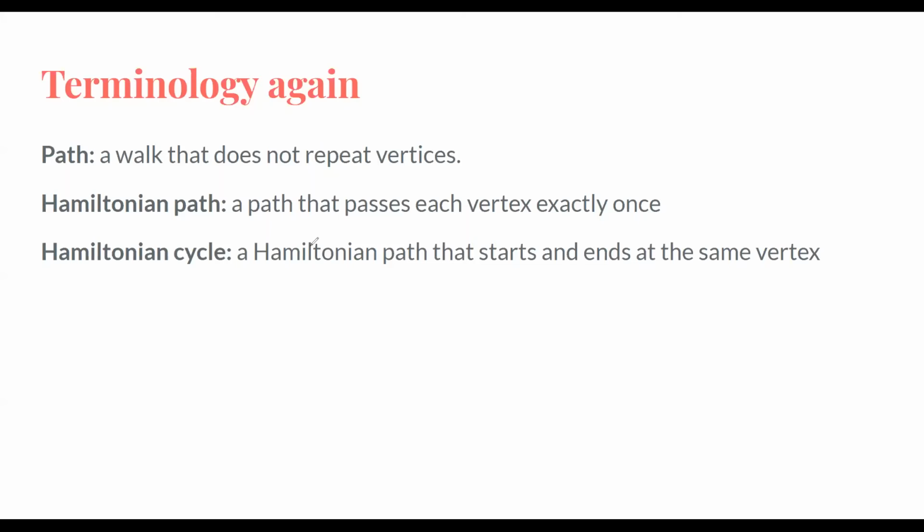A Hamiltonian cycle is a Hamiltonian path that starts and ends at the same vertex. It's important to note that they don't necessarily have to use up all of the edges in a graph. So we only care about each vertex being visited once. We do not care about the edges all being visited once.